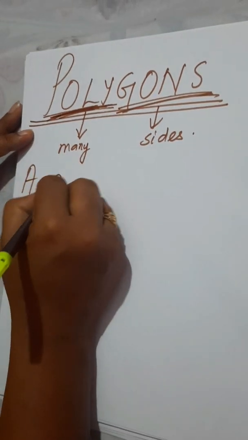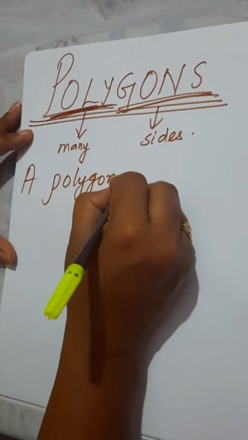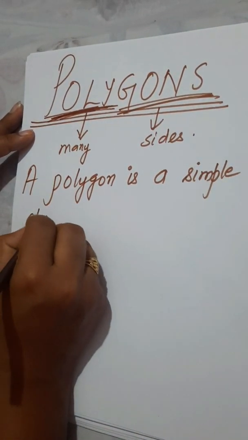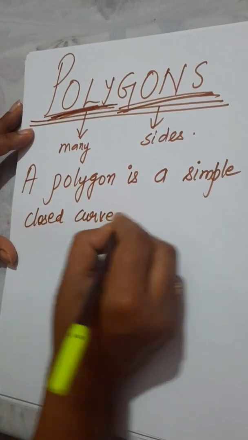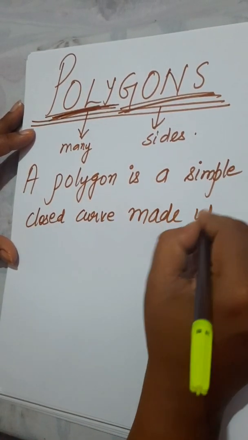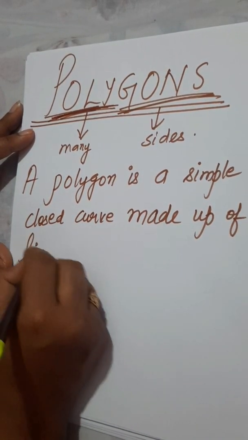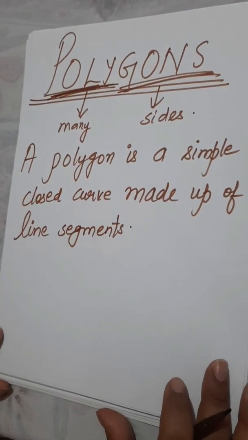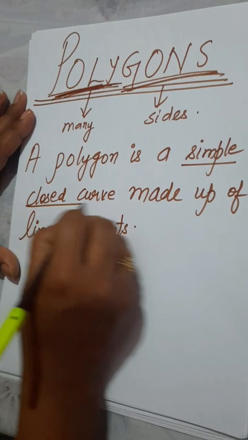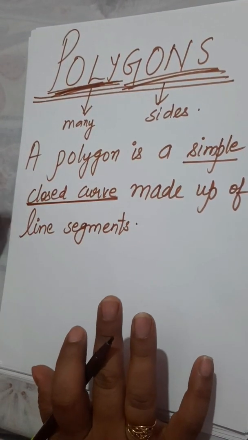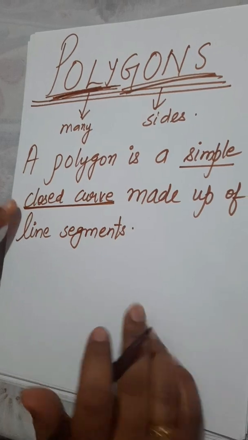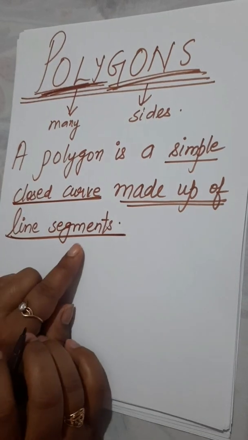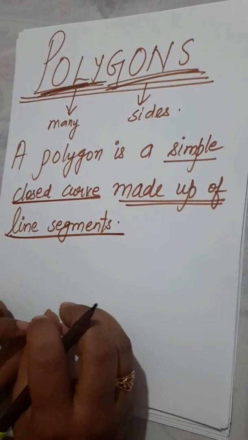So a polygon is a simple closed curve made up of line segments. So a polygon is a simple closed curve, which means it is a closed curve, as we did open curve and closed curve, but a polygon is a closed curve made up of line segments, and a line segment we know is one whose end points are fixed.